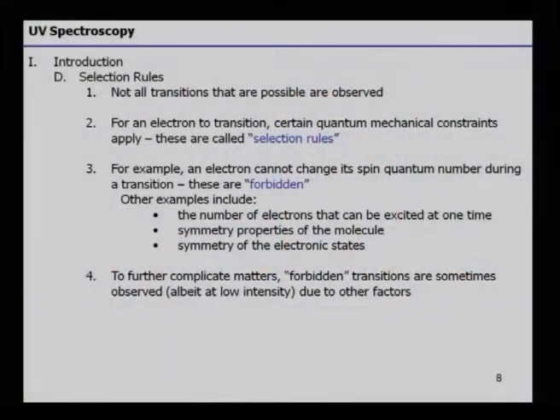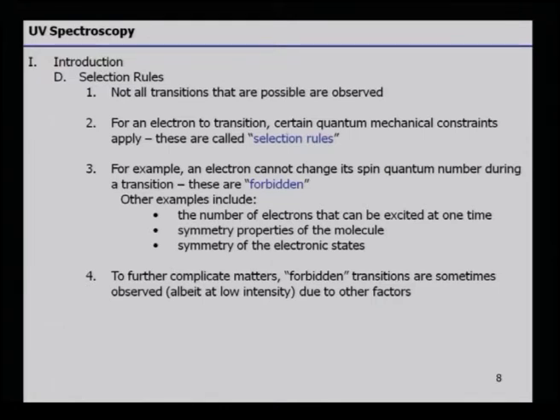The HOMO-LUMO rule must be followed. For example, an electron cannot change its spin quantum number during a transition. These are forbidden. Other examples include the number of electrons that can be excited at one time, symmetry properties of the molecule, and symmetry of the electronic transitions.